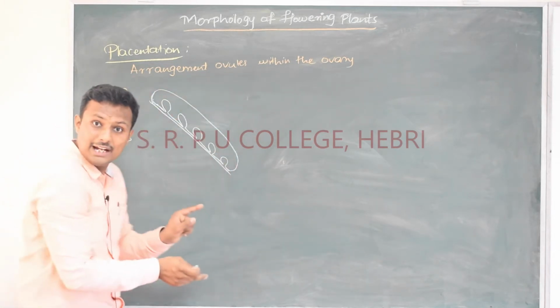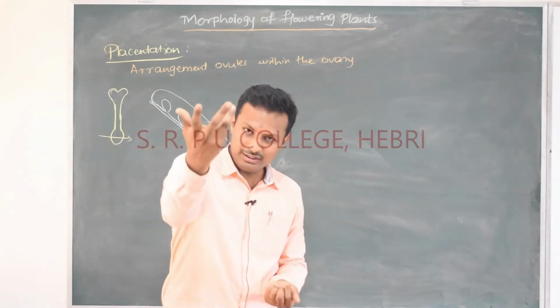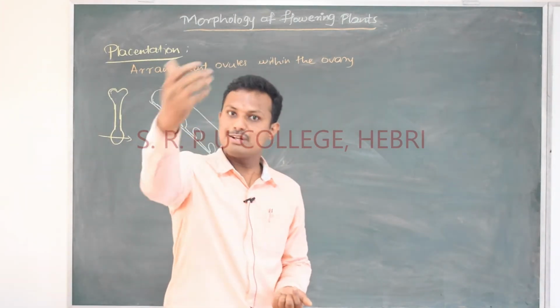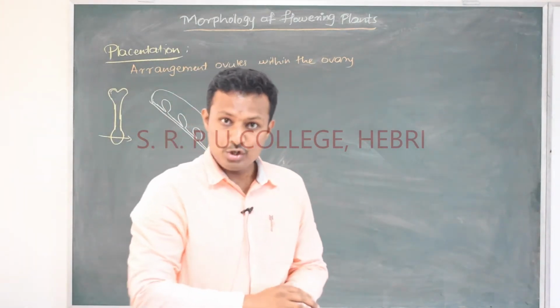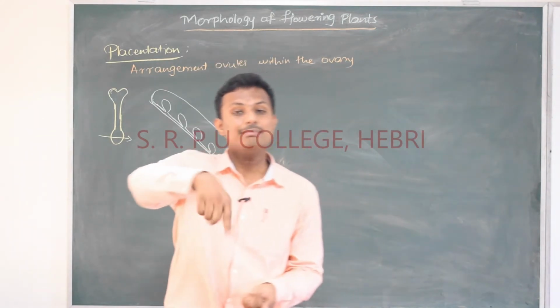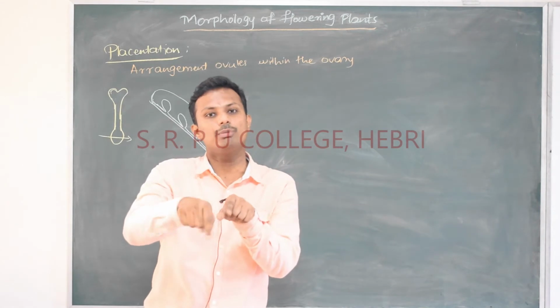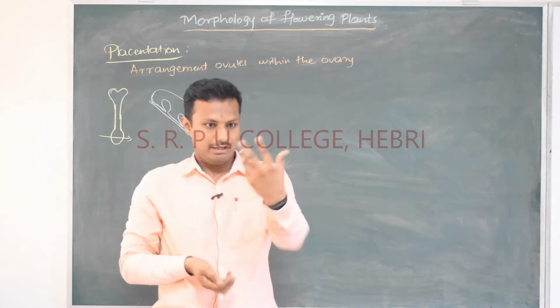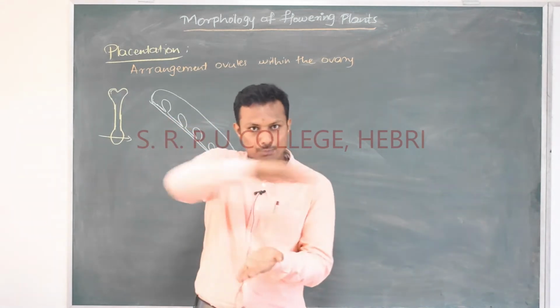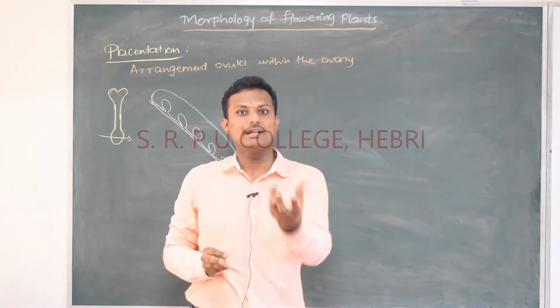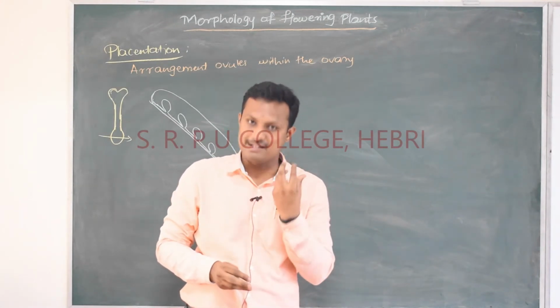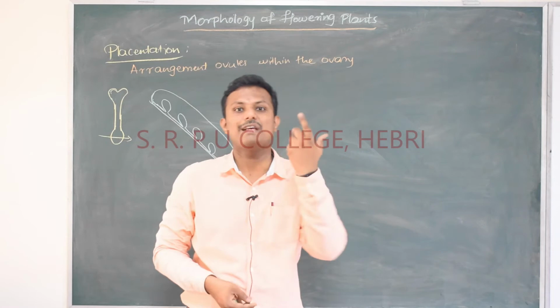Fruit is nothing but the mature fertilized ovary, right? The seeds are nothing but ovules. After fertilization, the ovule becomes the seed. So if you cut open any fruit, you will see the arrangement of the seeds, and that is nothing but placentation.